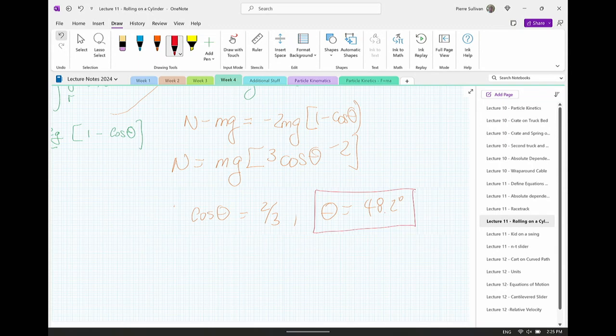And so the important thing to realize is that you set n equal to 0. At that point, this thing will just fall off. And you'll deal with a lot of problems where the normal force goes to 0, and when the normal force goes to 0, everything sort of disappears.